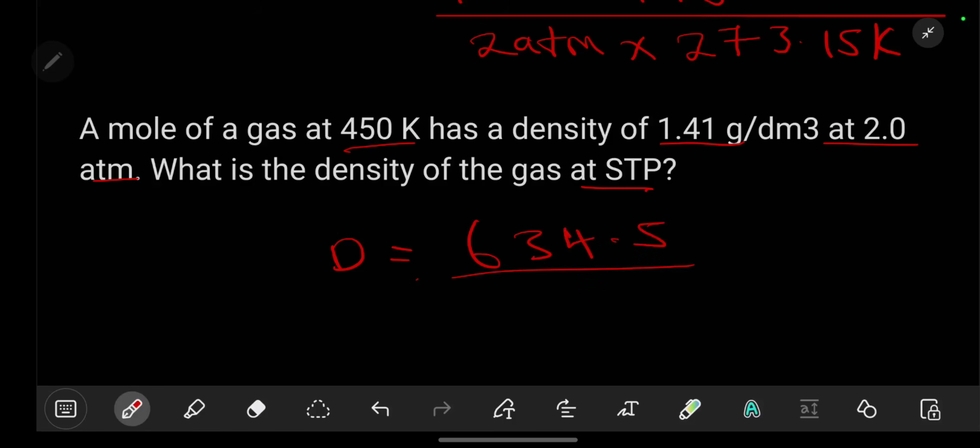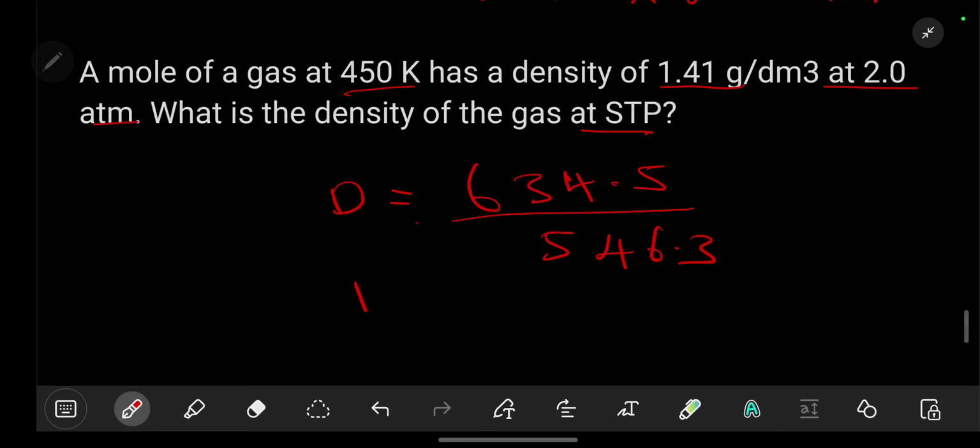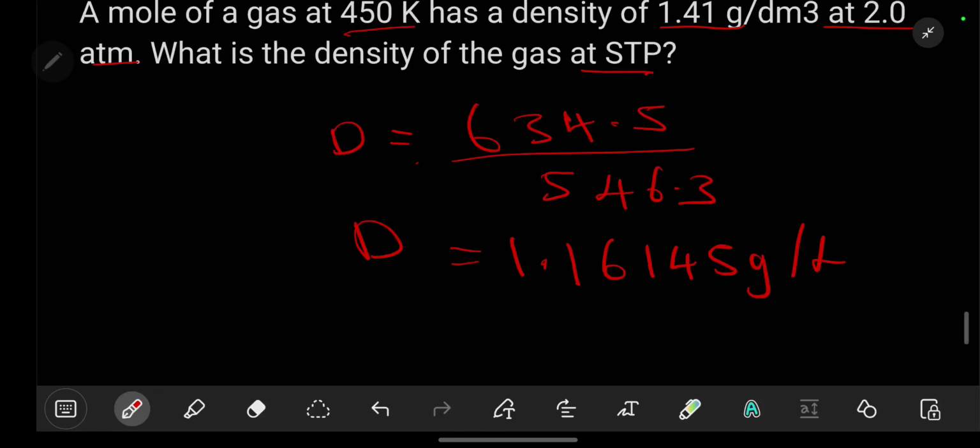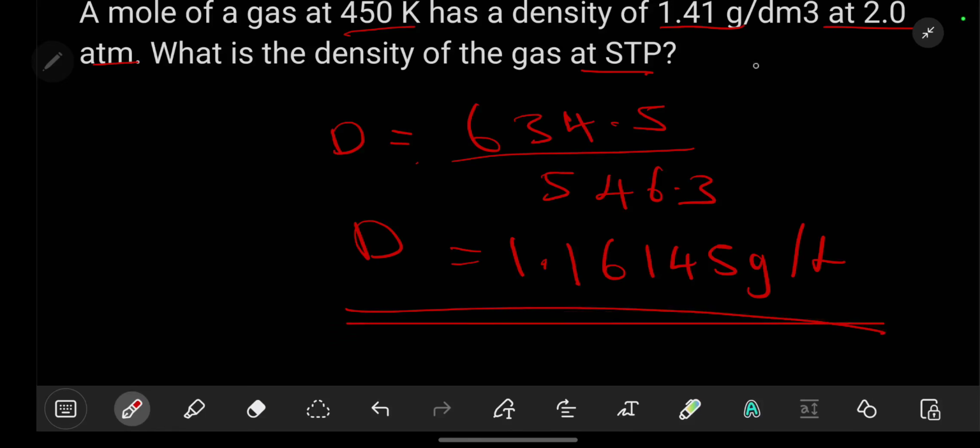We divide this by 2 times 273.15, which is going to give us 546.3. We divide 634.5 by 546.3, and that is going to give us a density of 1.16145. So this is the density of the second one, in grams per liter. So that is how we answer that one.